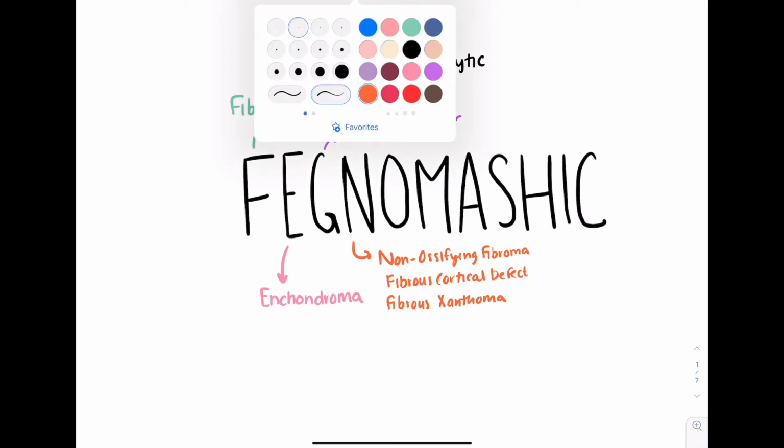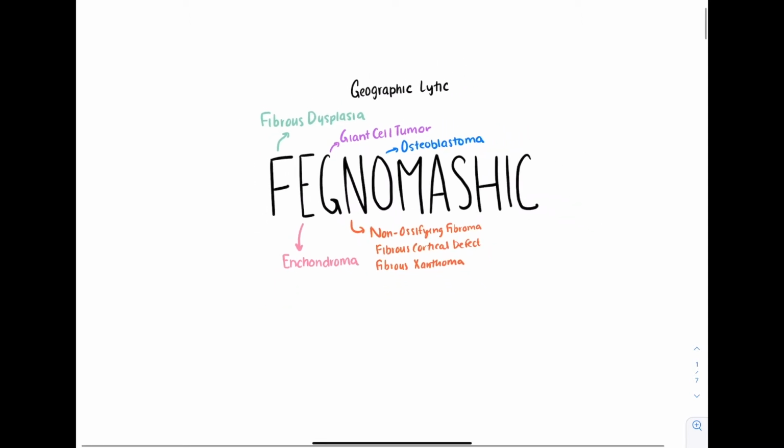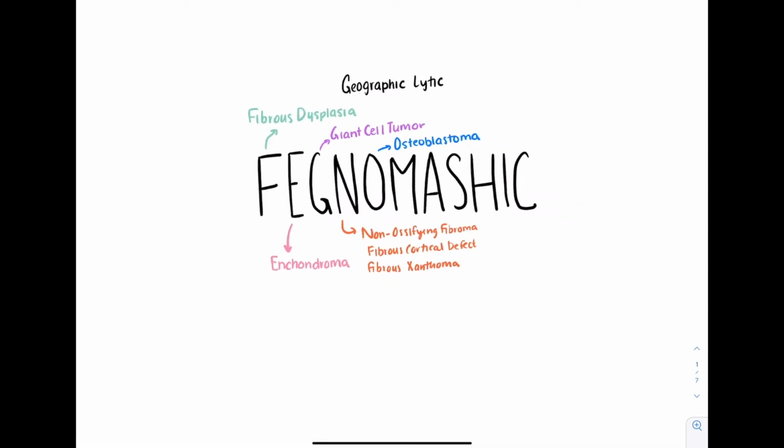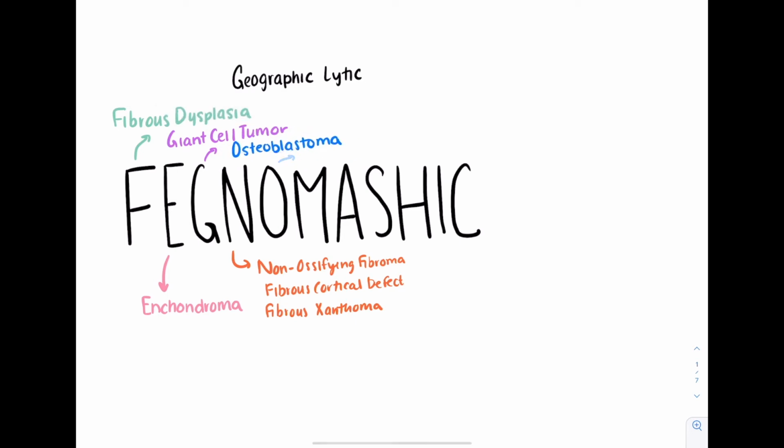The O in Fegnomashic stands for our osteoblastoma. I'll write it all the way out. Our M is going to stand for two things.